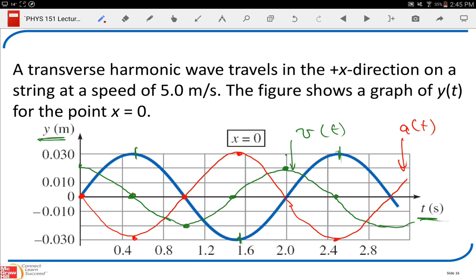So I can plot my acceleration and my velocity as a function of time just by looking at that position as a function of time and using what I know about velocity and acceleration relative to position. So stuff that we learned at the very beginning of the semester, coming back, something we need to pay attention to again.